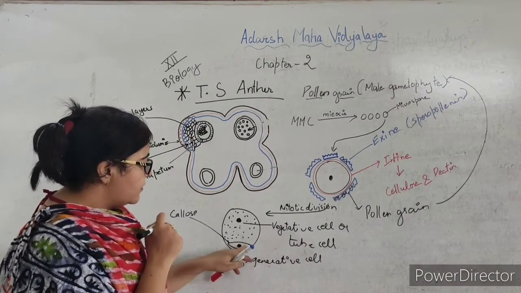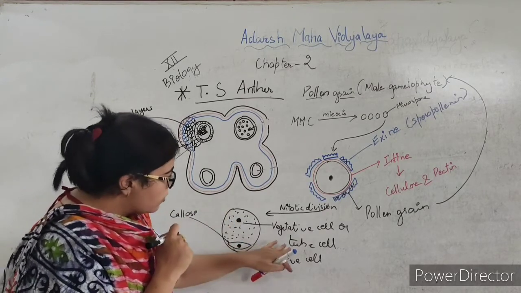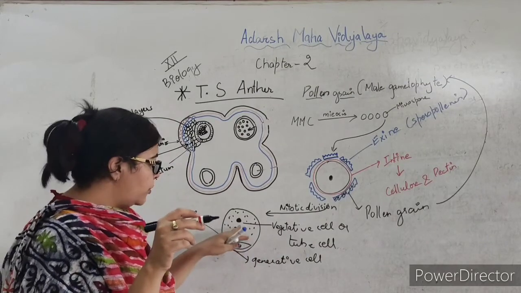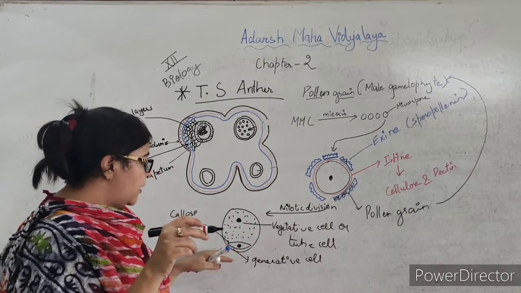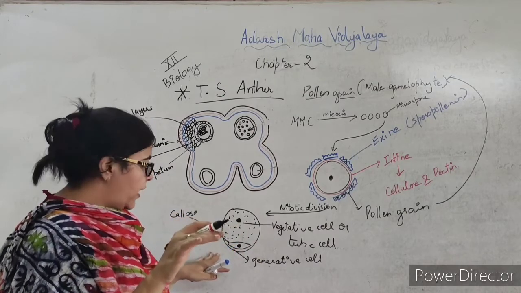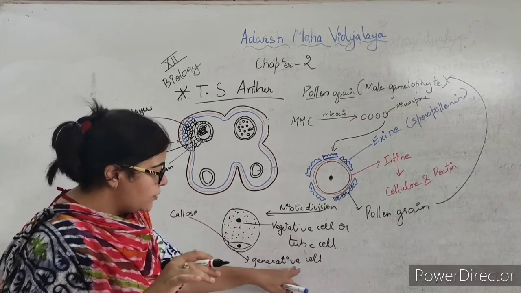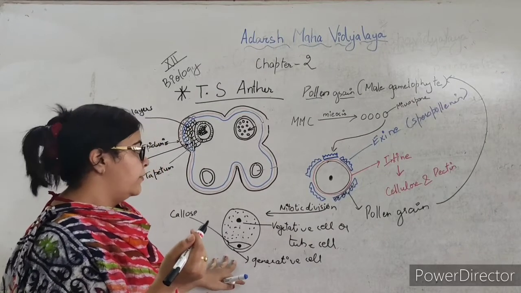So you can say that this is the generative cell and this is the vegetative cell. The vegetative cell is also called the tube cell because the pollen tube formation, which occurs from the pollen grain when it has landed on the stigma of the flower, will be formed by the vegetative cell, and this generative cell will give rise to the formation of the male gametes.